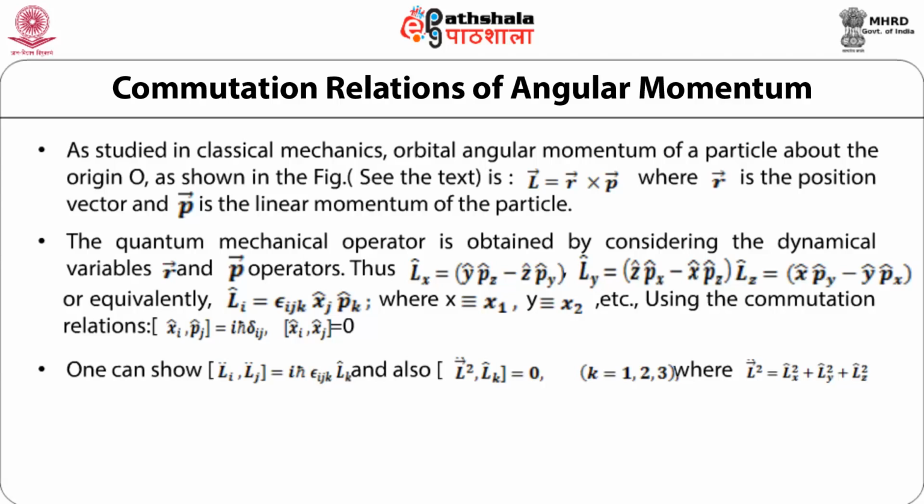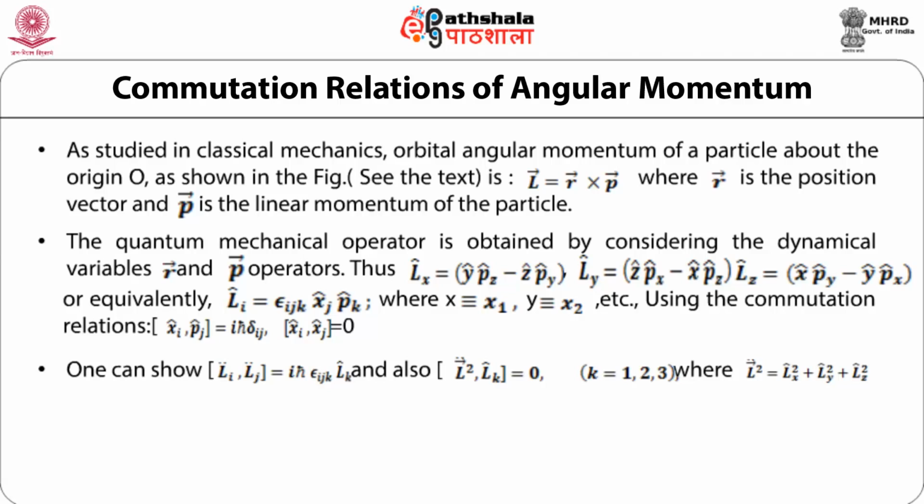Here y is the y component of the position vector operator, and z is the z component of the position vector operator, while p subscript z is the z component of the linear momentum operator, and p subscript y is the y component of the linear momentum operator.